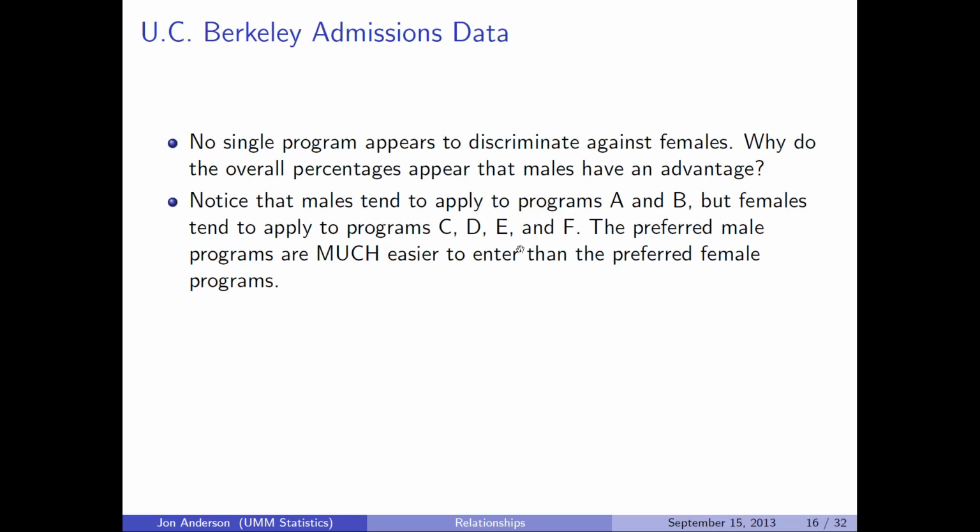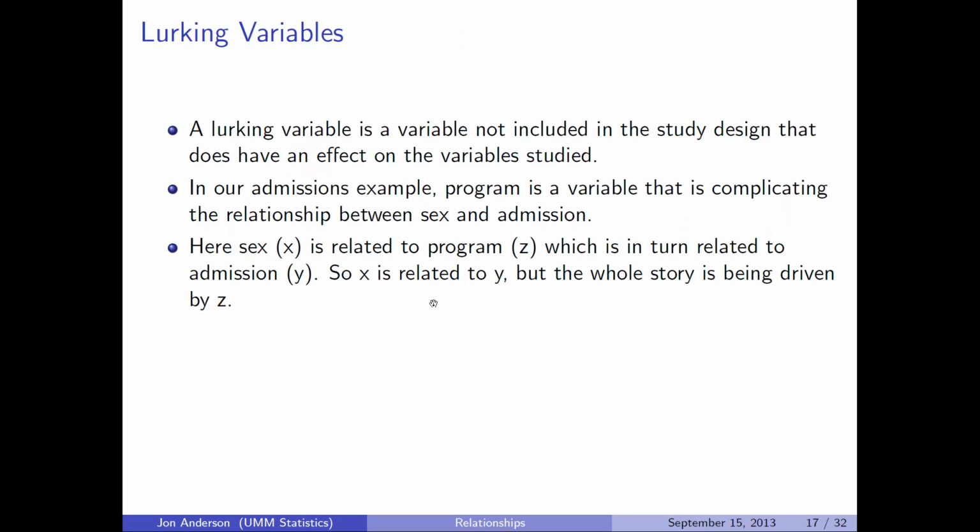And so the problem is that the admissions, sex is related to program, and program is related to the admissions fraction. And so there is this confounding and lurking variable that is complicating the relationship between sex and admission.